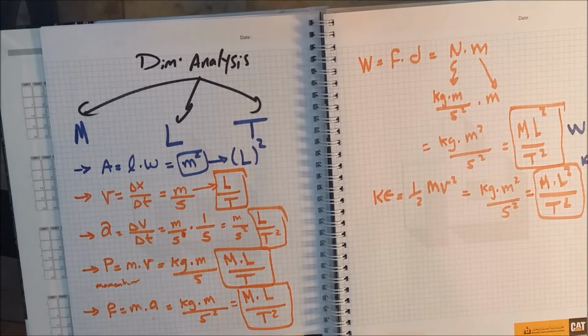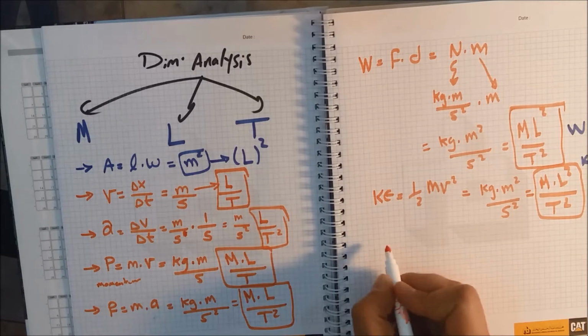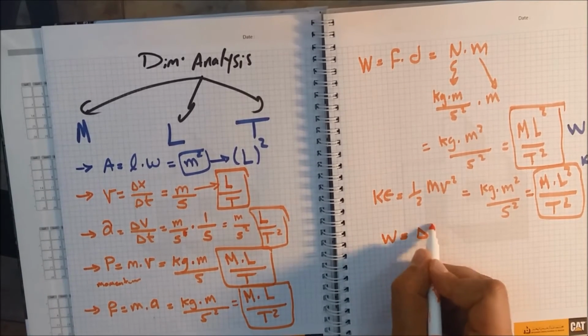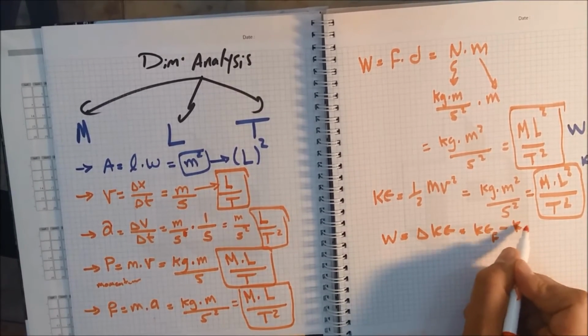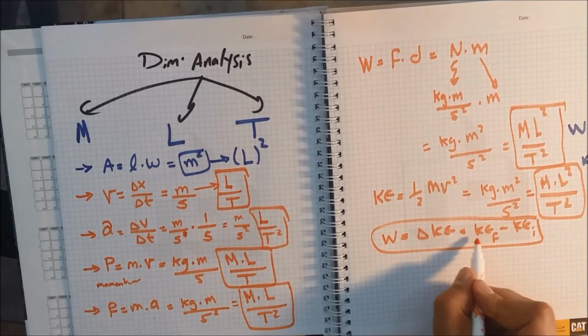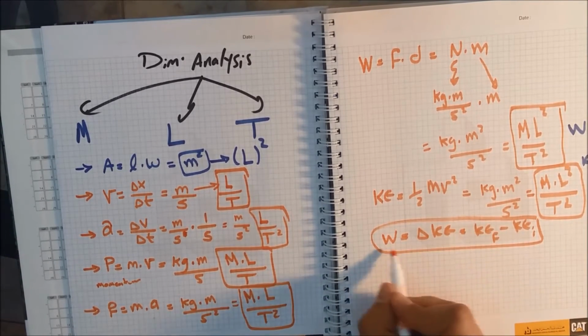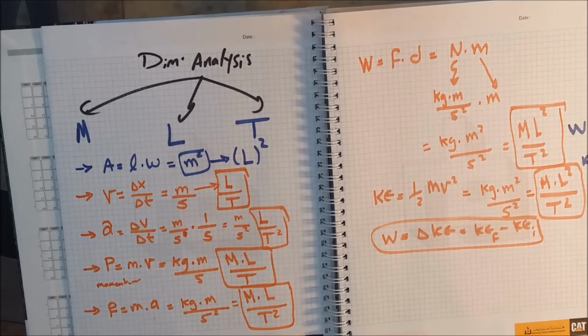If you do remember the kinetic energy relationship with work, that work is equal to delta KE, which is KE final minus KE initial. So the change in energy gives you work. So they would be having the same dimensions.